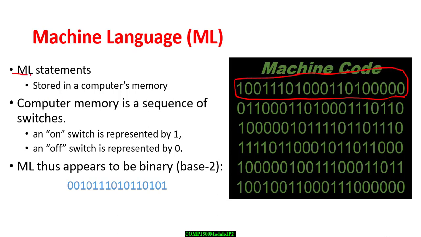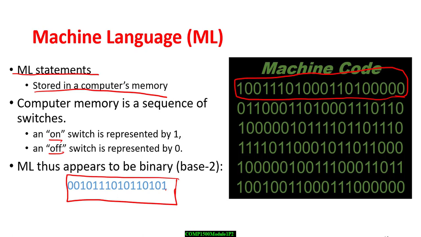So machine language, ML, statements are stored in a computer memory. The computer memory is a sequence of switches on and off, so we just store the information. Now, talking about switches, you go and buy a new phone from Apple or from Samsung, they will tell you we are using the 7 or 5 nanometer architecture.